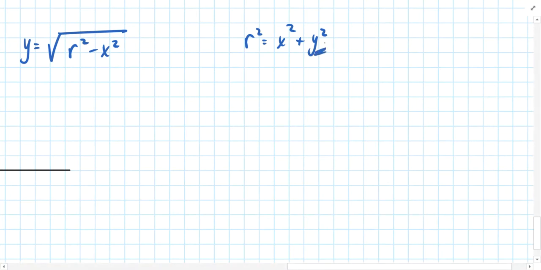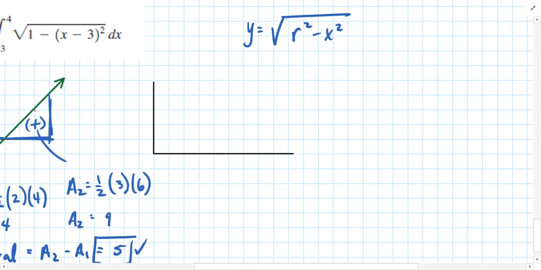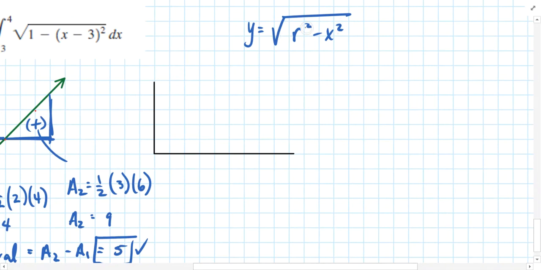By the time we isolate the y variable, it tends to be r squared minus x squared, and then we'll square root both sides.